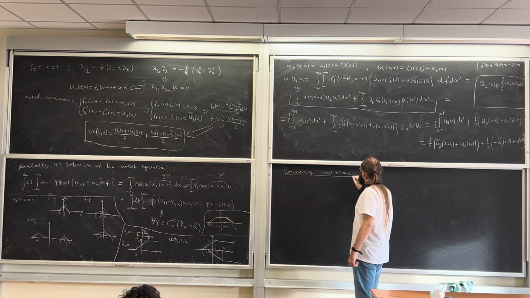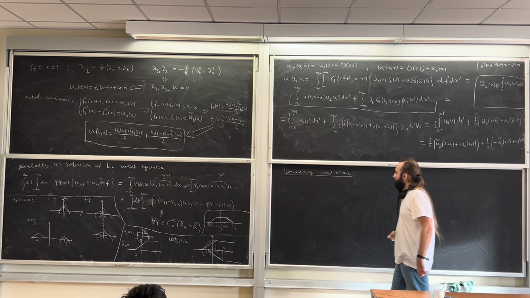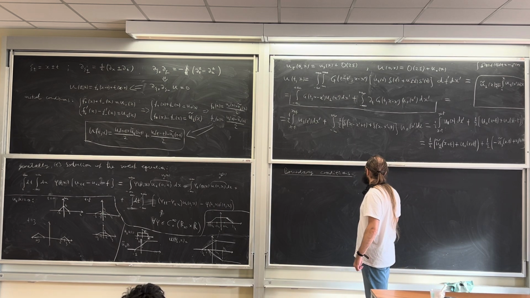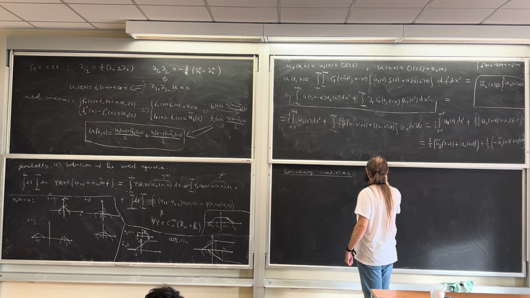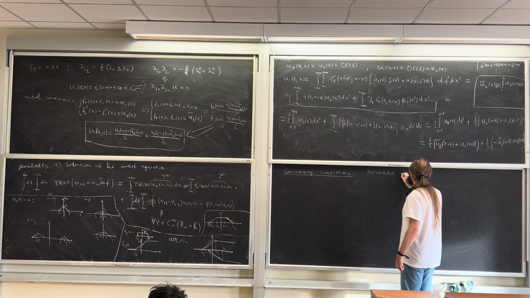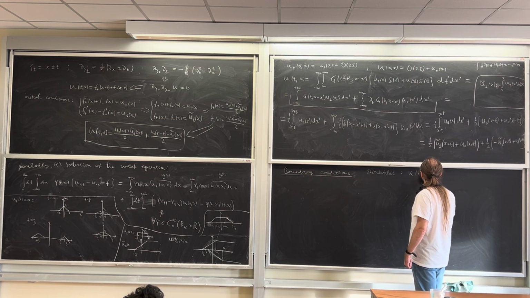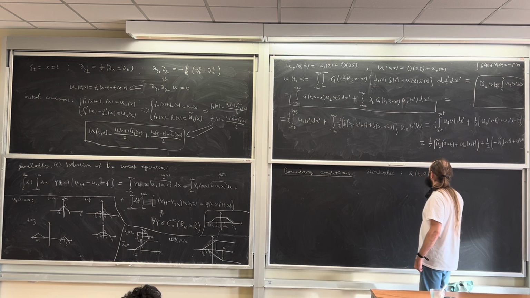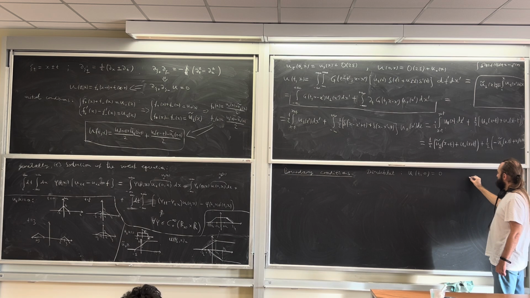So in principle we can consider different conditions, but the simplest ones are Dirichlet, which is u of t, 0, the boundary condition for a half string, equals 0.